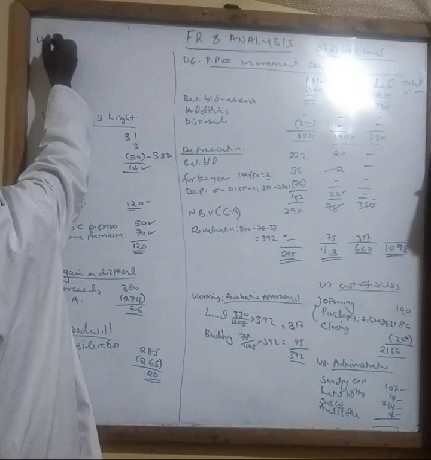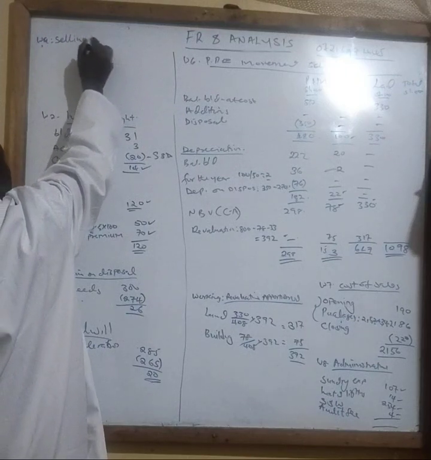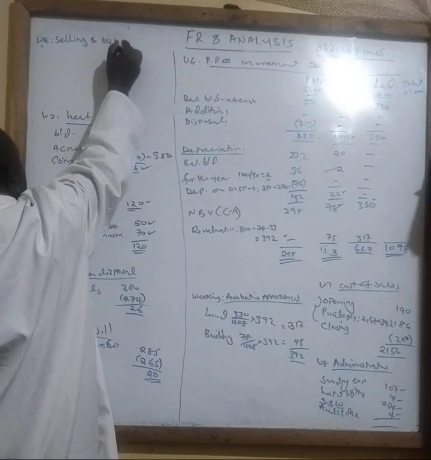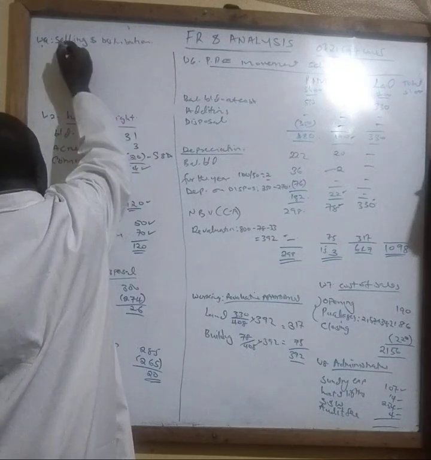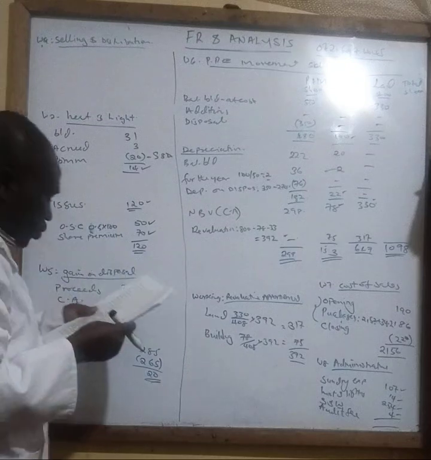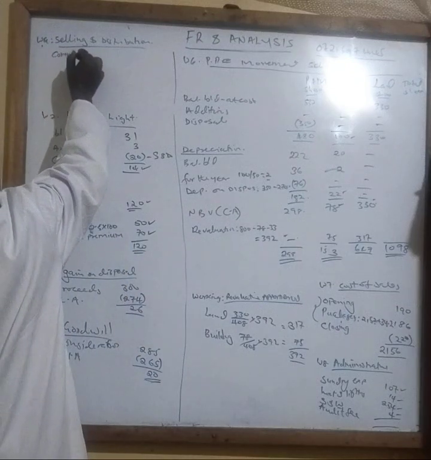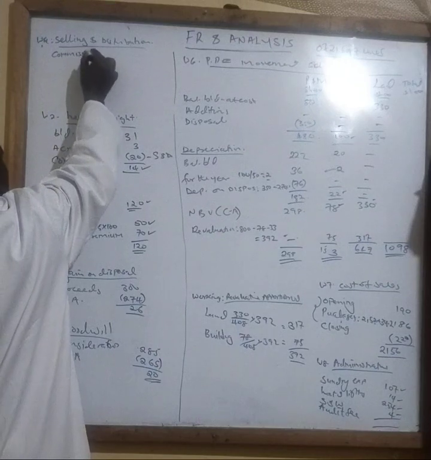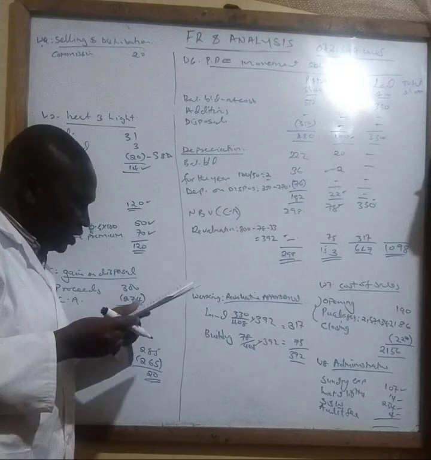Working number 9, selling and distribution. According to this one, we have commission. You remember commission given to the salespeople? Yes, of 20. Do we have any other?